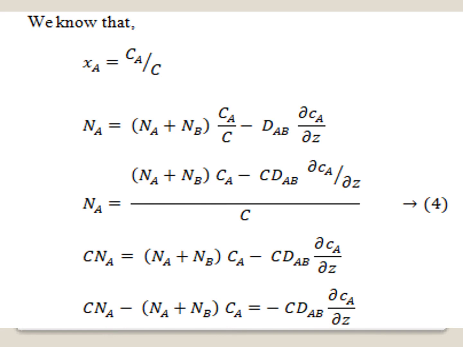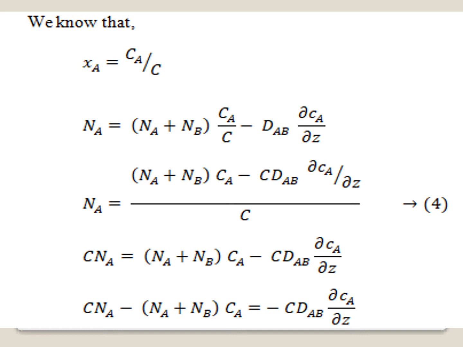We know the relation between concentration and mole fraction. Mole fraction is equal to individual to total, so individual concentration to total concentration. Xa is equal to Ca by C. So here Na is equal to Na plus Nb into Xa.